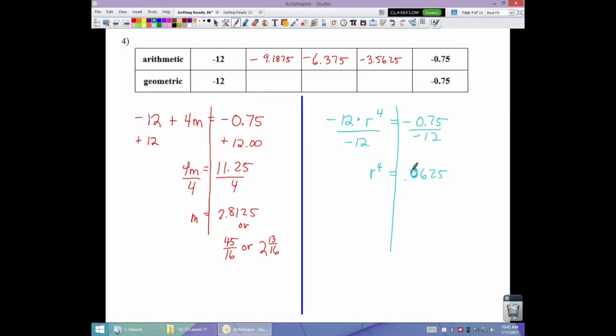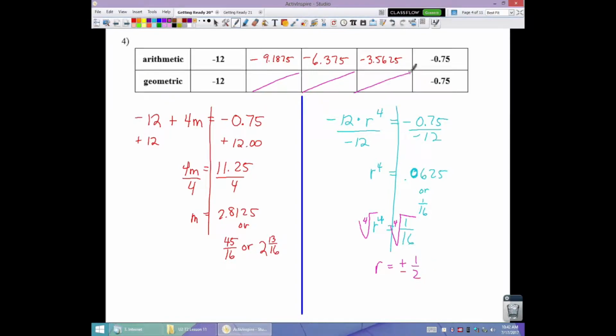So the 4th root of 0.0625, that's really 1/16. I prefer to use the 1/16. R to the 4th equals 1/16. So when I take the 4th root of both sides of the equation, R could be either positive or negative 1/2.